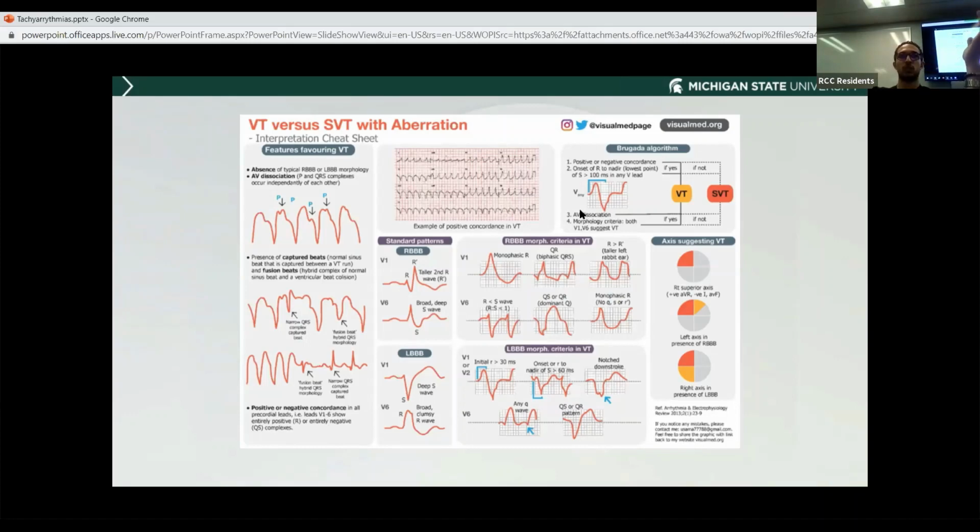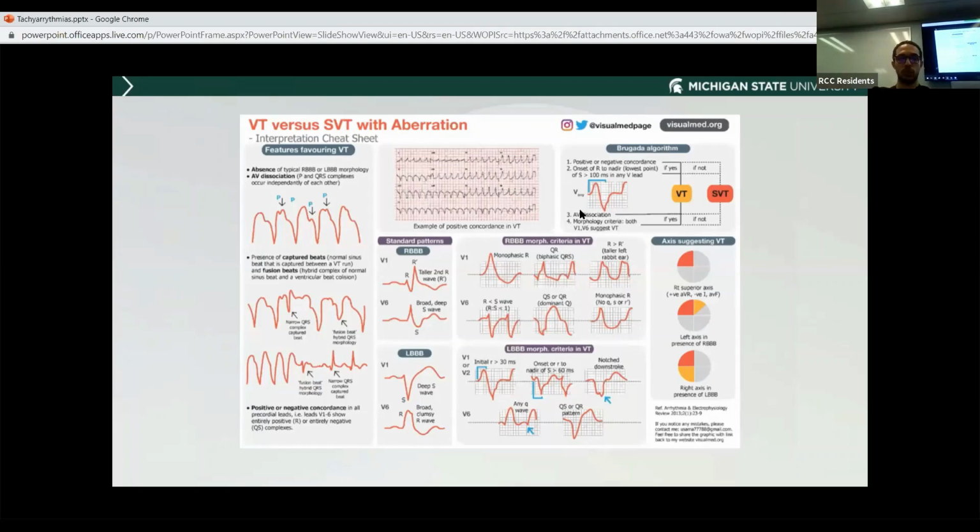For AV dissociation, as we just mentioned, if it is an SVT with aberrancy, you have a P wave that results from an SA nodal impulse or sinus rhythm. So in order for this wide QRS to be there, you need to have a conducted P wave.